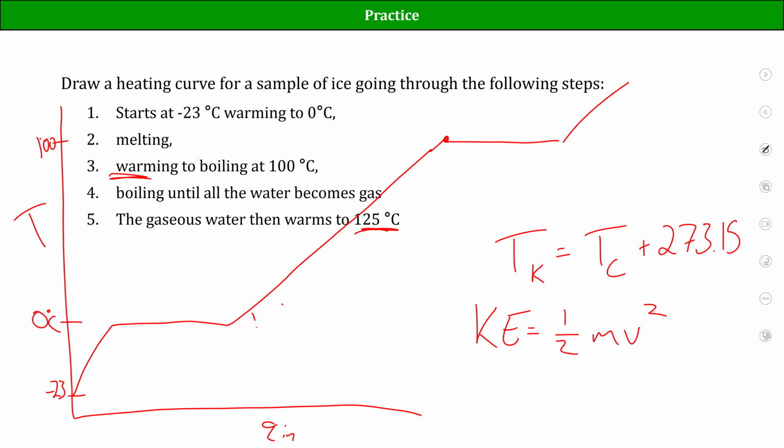It's just where are you starting and where are you ending? Are we ending before we even get to boiling? Or are we going up to boiling and stopping? Or going all the way through boiling and continuing on? All of that's just going to be in the problem. You just have to look at what steps the problem is describing and decide on this graph where you are starting and where you are ending. But the shape of it is always the same.